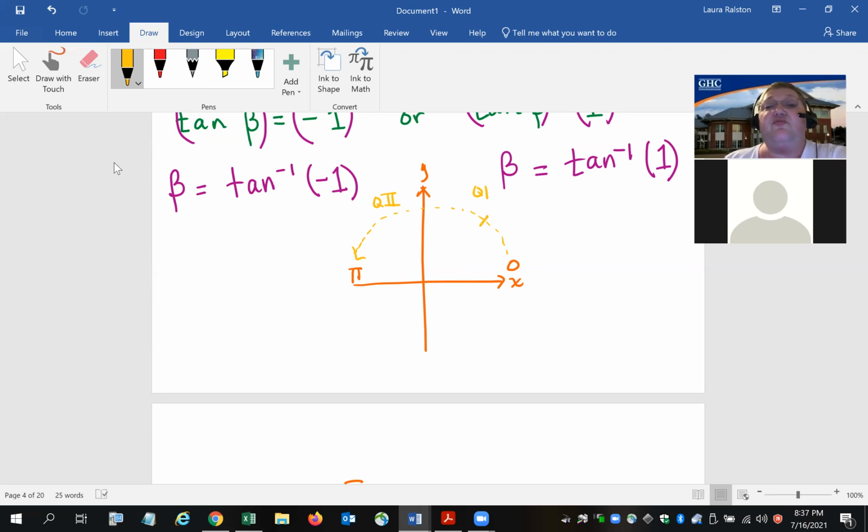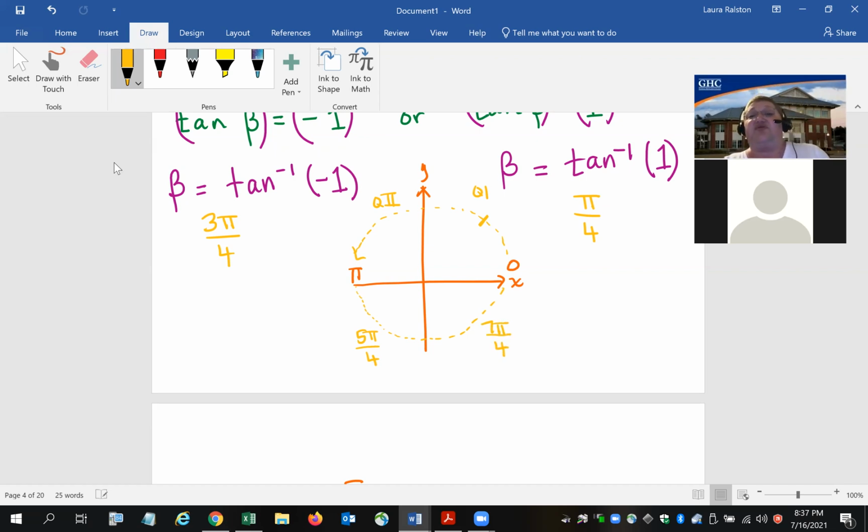In quadrant 1, the tangent is positive 1 at pi fourths. In quadrant 2, it is negative 1 at 3 pi fourths. Now, if I keep rotating positively, my other answers are going to be 5 pi fourths and 7 pi fourths.